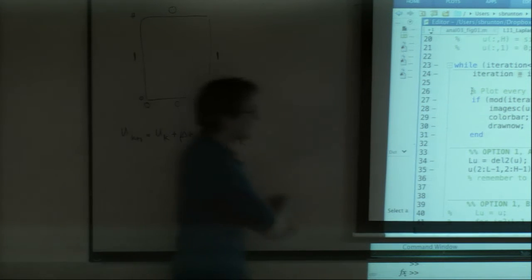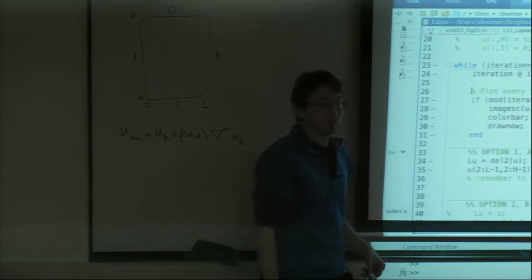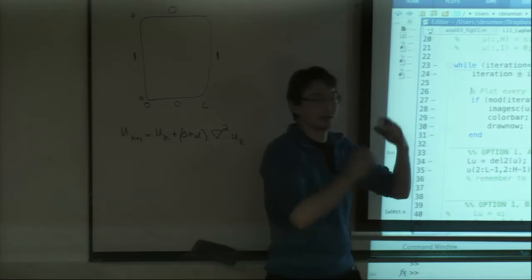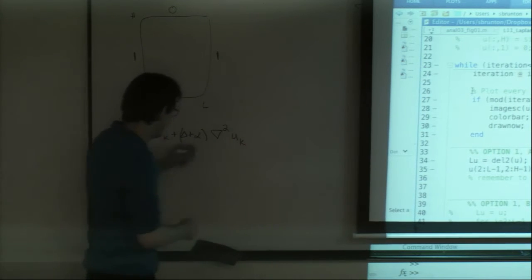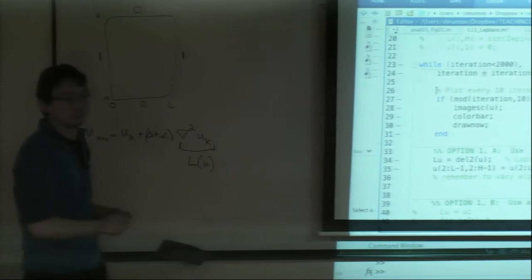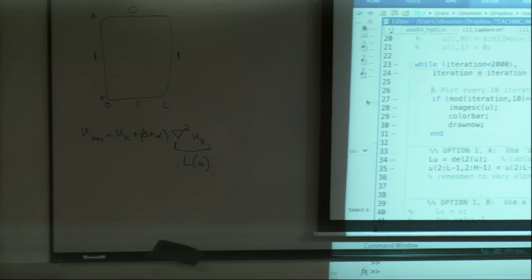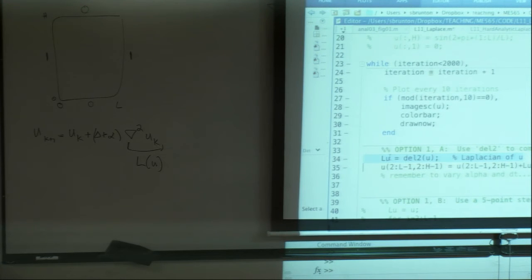So there's a function in Matlab called del2, and it computes the Laplacian of u. Now, I call this L of u because this is a linear operator in u. L of u is usually what I use for linear operator. So this is L of u. That's this line here, 34. So I compute my Laplacian using this slick Matlab command.